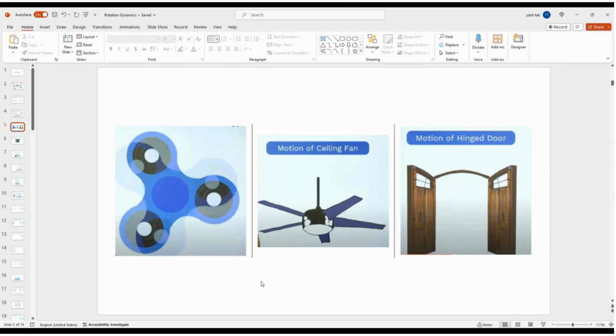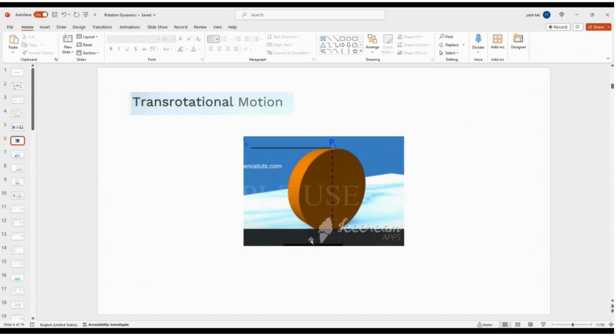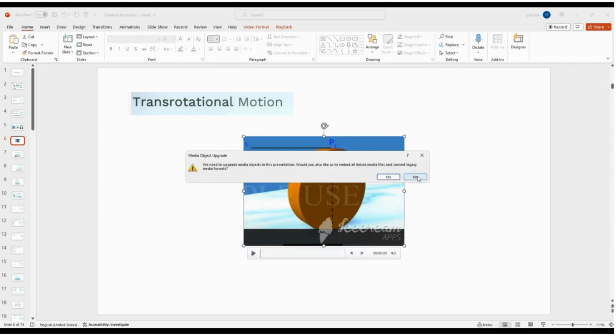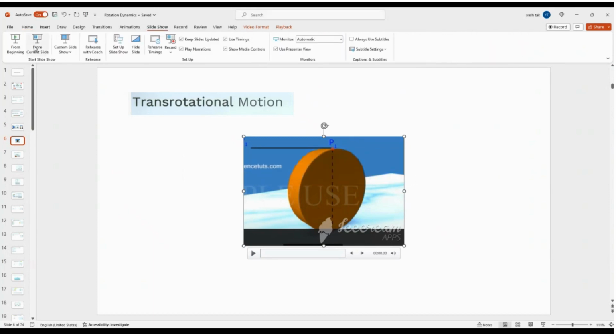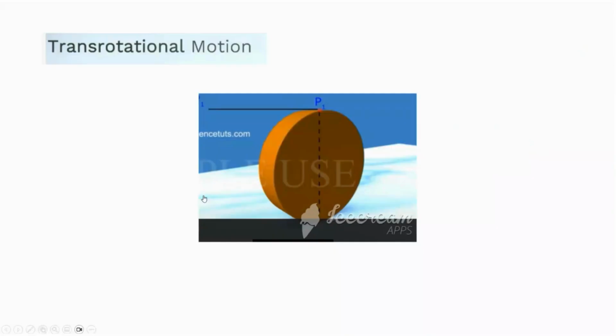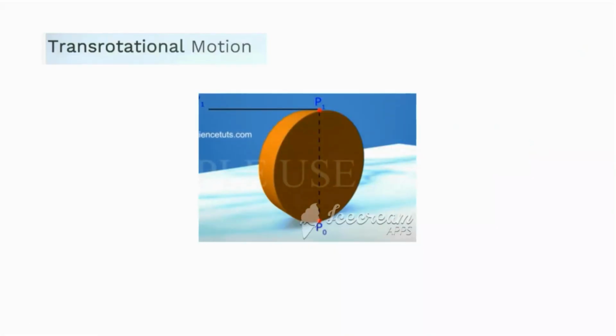Examples of rotatory motion are a ceiling fan, or a door that you open, which is hinged at one point. What is translatory motion? If you see something like this, is it moving?